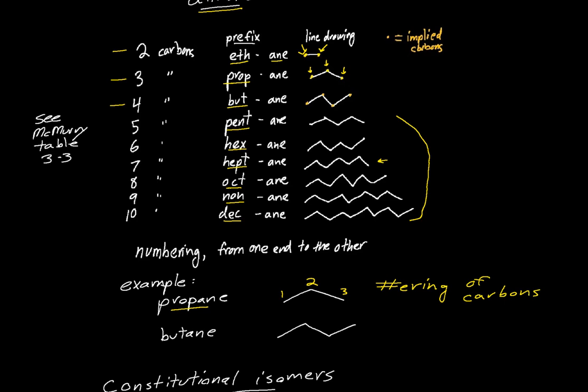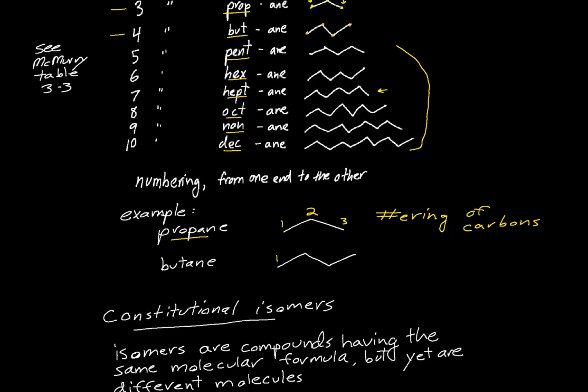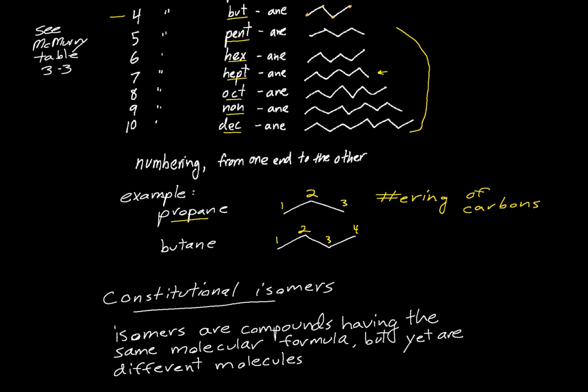Most organic molecules are on a framework of carbon atoms, so it's the carbon skeleton, so to speak, of the molecule that gets numbered in some kind of typical order. Butane would be numbered from one end to the next as well. So this is pretty straightforward so far. It does get more complicated.